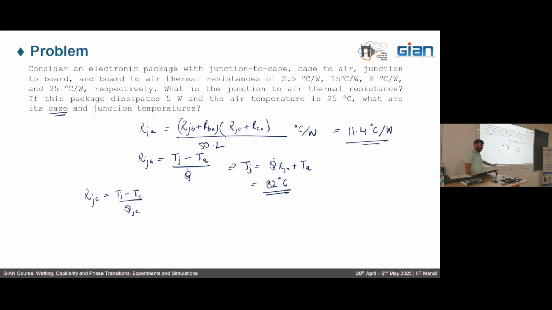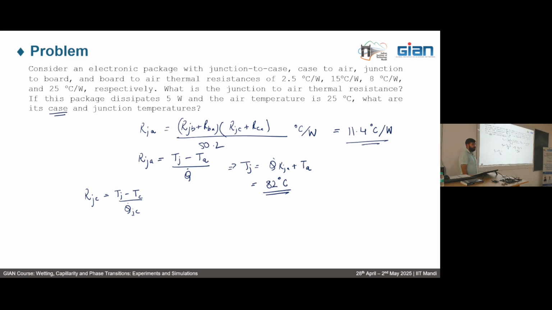So there has to be some known quantity here. What is the known quantity which I am writing as unknown? This is known, right? This is unknown. This is unknown. So it's not a good approach to write Q_JC. We could have done it for R_JA because we know the ambient temperature.